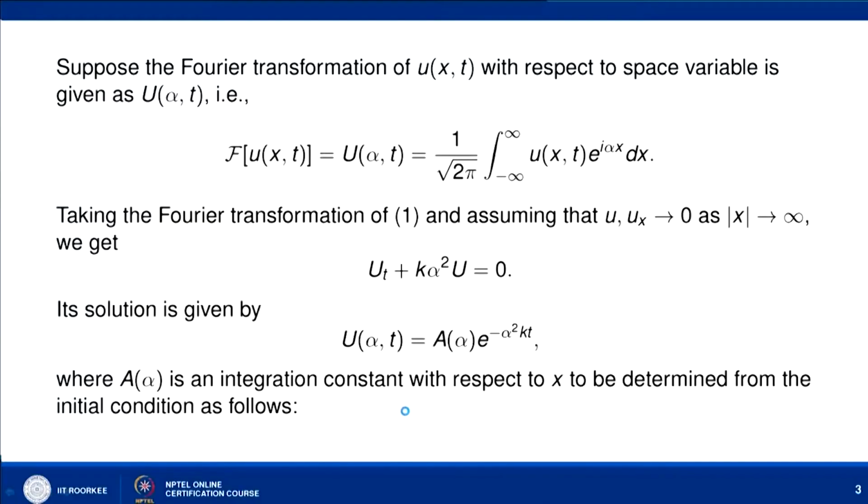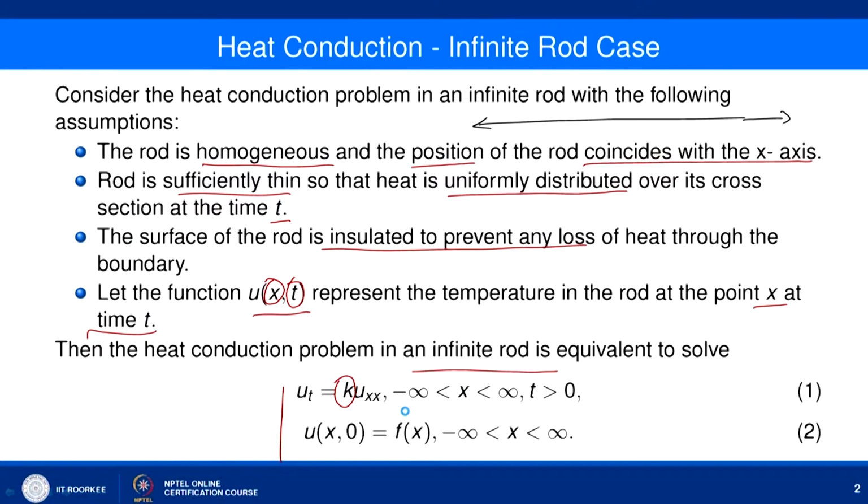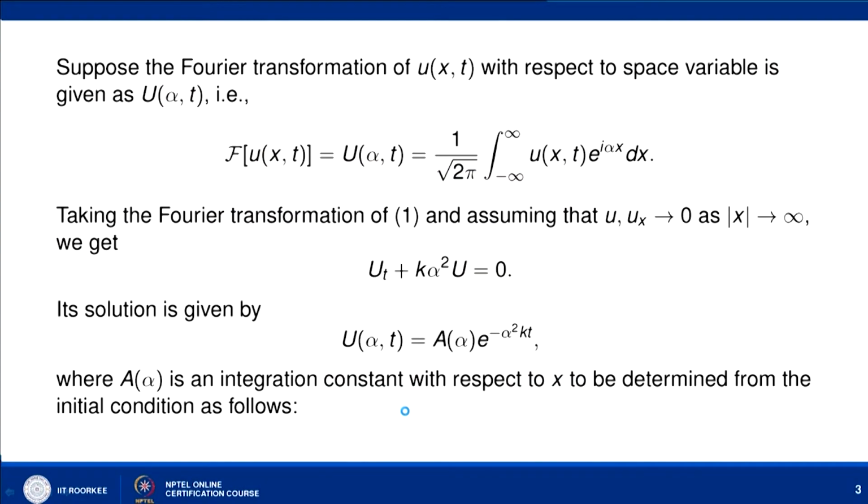So, suppose the Fourier transform of u(x,t) with respect to the space variable is given as û(alpha,t). Here we are solving this one dimensional heat problem with the help of the Fourier transform. Since we have two variables x and t, we apply the Fourier transform with respect to the space variable, that is x.